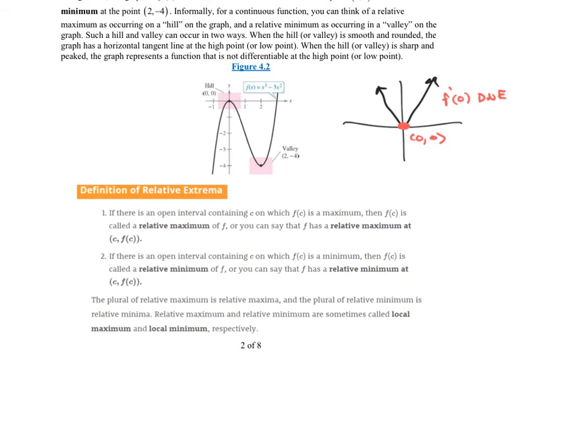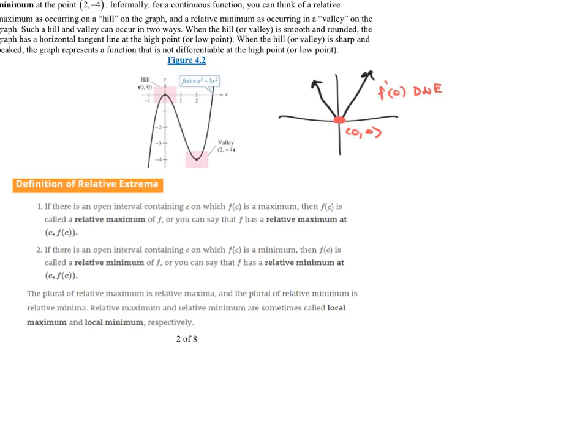Okay? So it says, definition of relative extrema. If there is an open interval containing c for which f of c is a maximum, then f of c is called a relative maximum of f, and you can say that it has a relative maximum at (c, f of c). So, a couple of things that I want you to know. You can say, number 1, it occurs when x equals c.